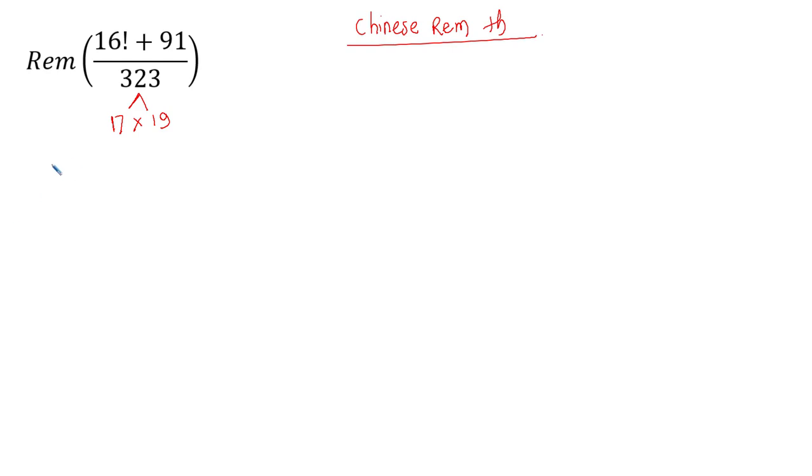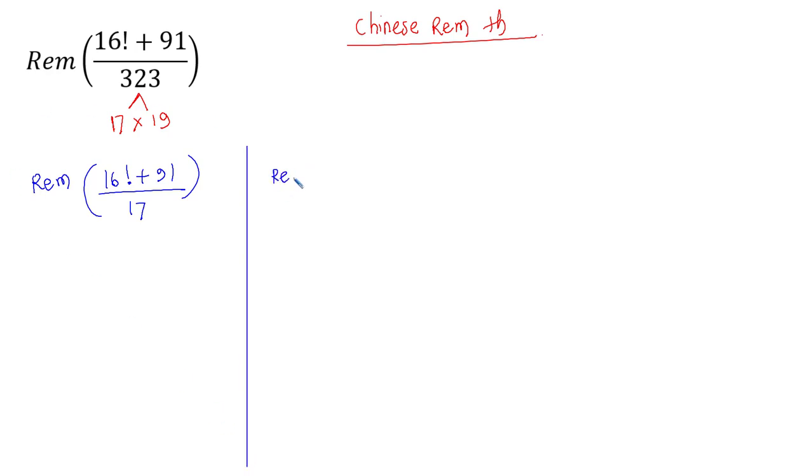The first step is we are supposed to find the remainder of 16 factorial plus 91 divided by 17, and after that we are supposed to find the remainder of 16 factorial plus 91 divided by 19. So now let's find it out when this term is divided by 17.